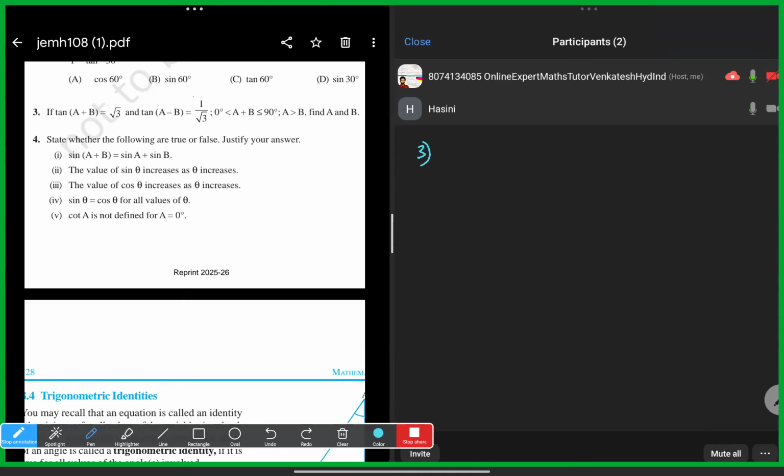So Hasni, that condition, whatever they gave, a plus b is in between 0 degree and 90 degree. It can be equal to 90 degree, but a plus b should be greater than 0. And a greater than b they said.